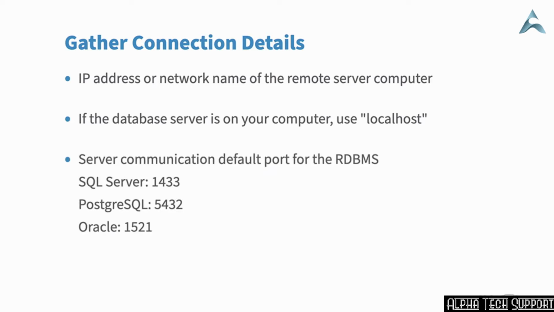For SQL Server databases, the default port is 1433, PostgreSQL uses 5432, and Oracle database servers typically use port 1521. However, these are all user configurable and may be different for your server, so you may need to verify with an administrator.